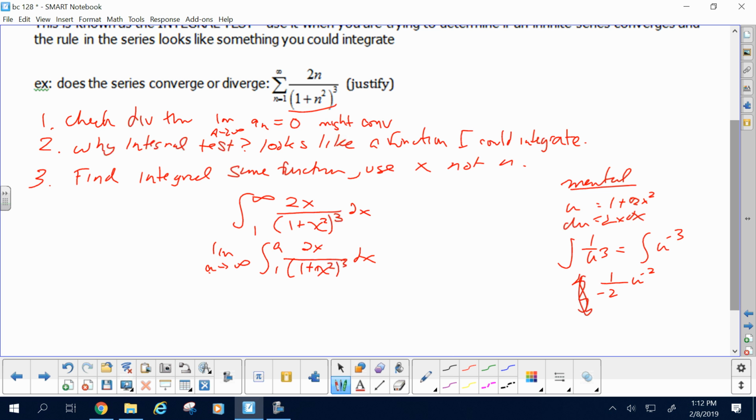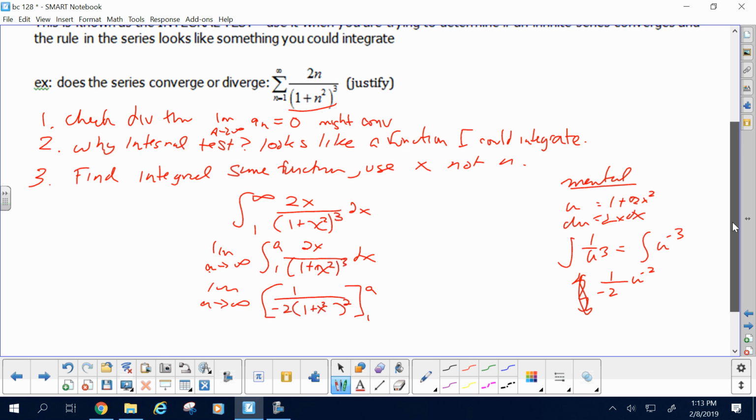So taking that back over here, I did it all off to the side or mentally, so I didn't have to get into changing the limits and all that stuff. The antiderivative is 1 over negative 2 times (1 plus x squared) squared, from 1 to a, I think. Do you agree with that?